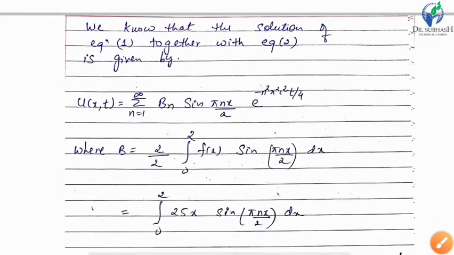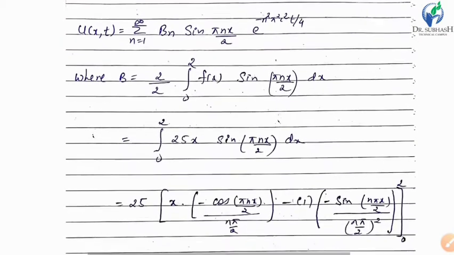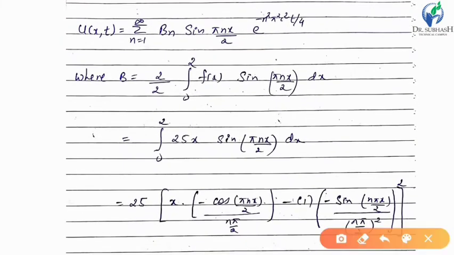Now we know that the solution is given by u of x,t equal to summation n equal to 1 to infinity bn sin(pi n x upon L) into e raised to minus n square c square pi square t upon L square, where L is 2, that will become 4. Now here bn is 2 by L, so L is 2, integral of f of x, limit 0 to L, again L is 2, sin(pi n x upon L) dx.